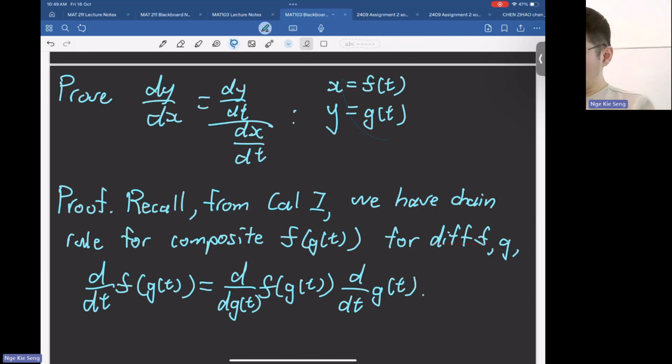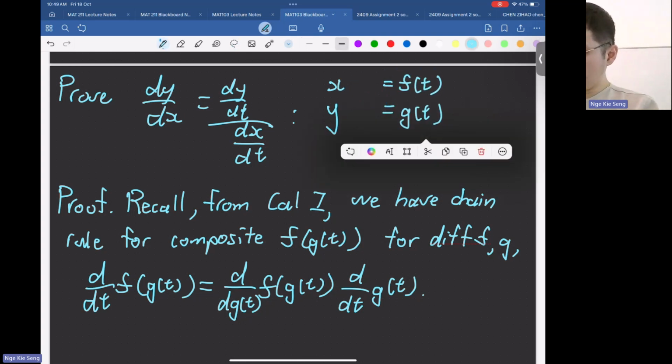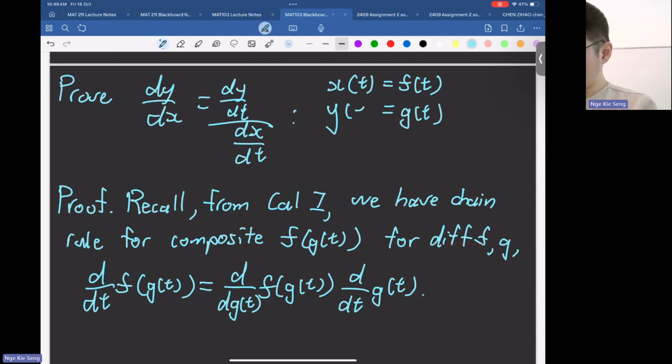Or if we don't want to use f and g, we can remember what x and y are. Like we said just now, we also have y in terms of x by substitution. Remember, like when we take the square root for our circle, we can write y in terms of x. So these are the three things we have.